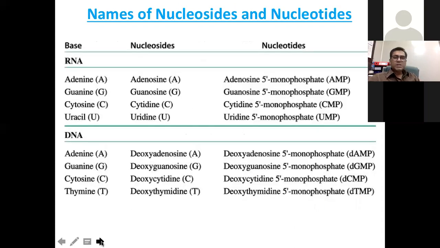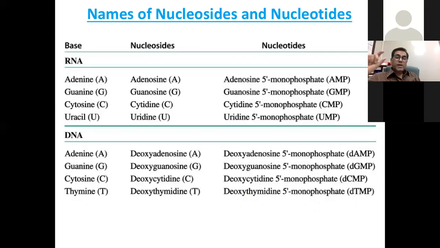Okay, now there is some terminology that we often use to describe or explain the nitrogenous bases and the structures present within the DNA molecule. We talked about the nitrogenous bases, which are adenine, guanine, cytosine, thymine, and we talked about the nucleosides and the nucleotides. What we have discussed is that a nucleoside is a type of nucleic acid in which we do not have any phosphate group.